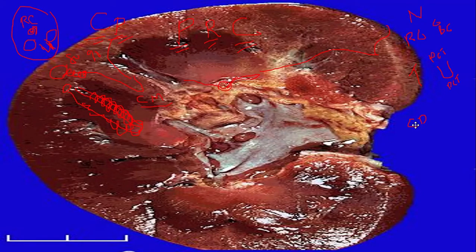Usually, this is the first one to be destroyed in a diabetic patient. It is a favorite board exam question.